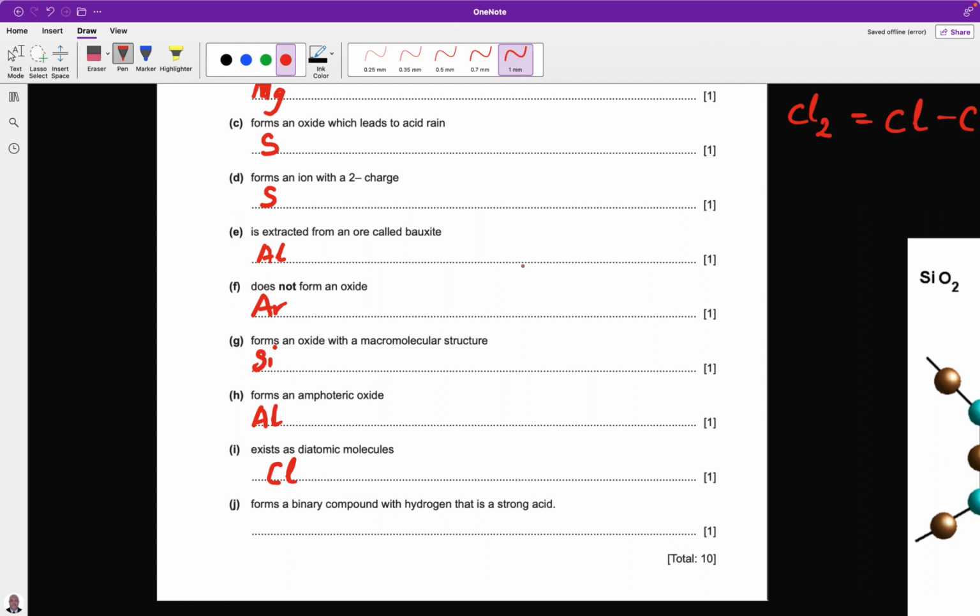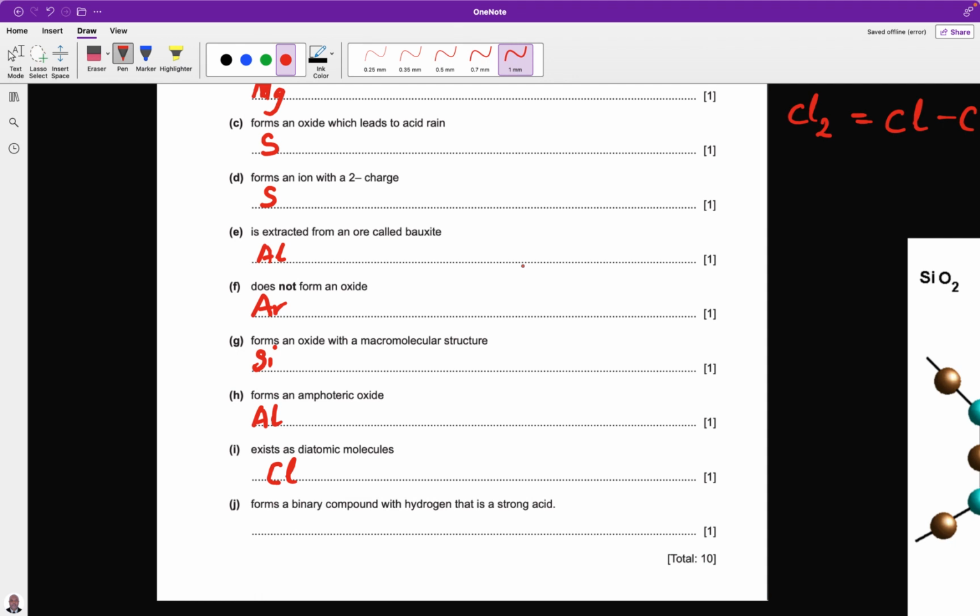A binary compound is a compound containing atoms of two different elements. Since it is binary, it contains atoms of two different elements.